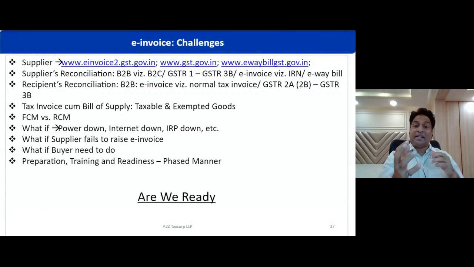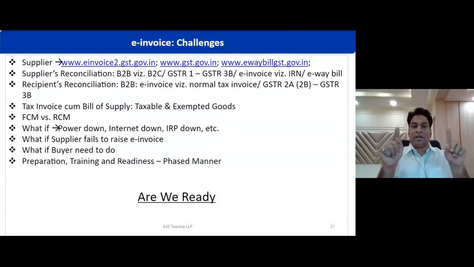Rule 48, sub-rule 4 has created a provision that any registered person whose aggregate turnover is more than 500 crore has to compulsorily generate e-invoice, and that would be a valid invoice for availing credit. Being a recipient, are you not entitled to check who all are the liable taxpayers? They need to generate e-invoice from October 1, 2020. And how are you going to check all this?